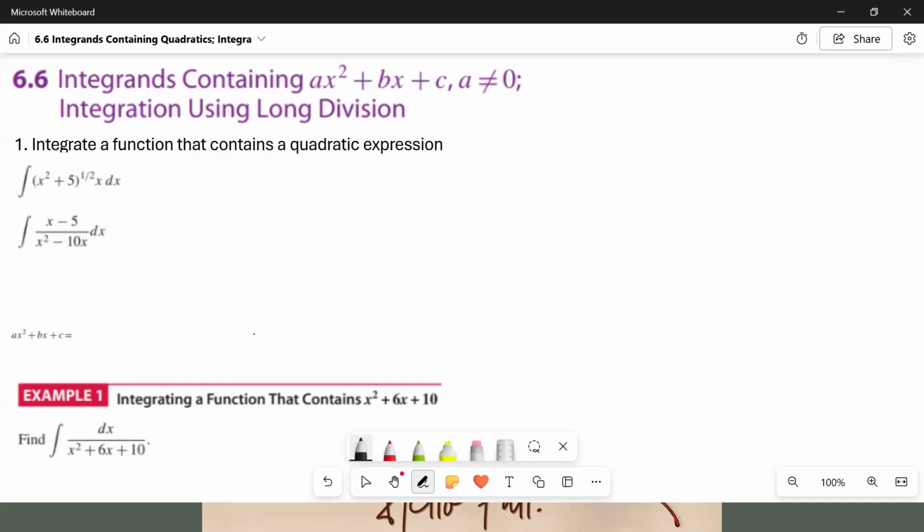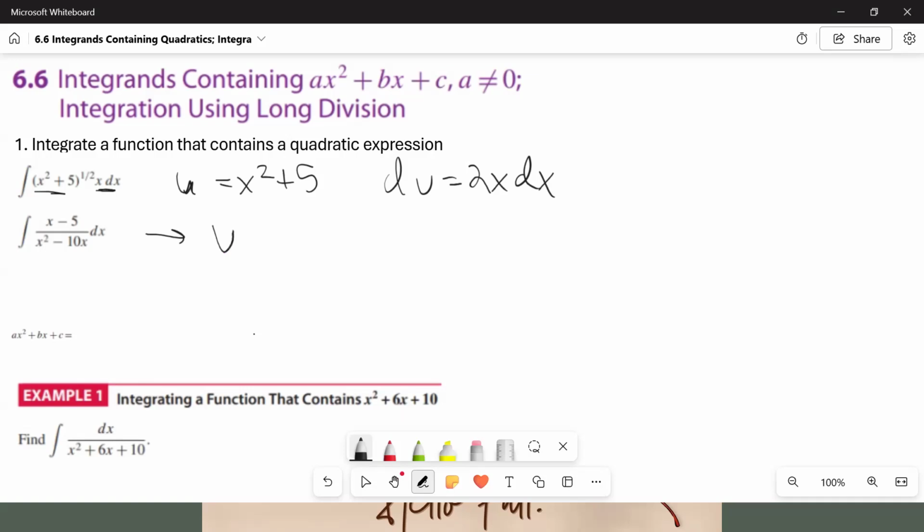So for example, if you look at the two on the screen, for the first one here, if you let u equal x squared plus 5, then du equals 2x dx, and you can adjust for the 2 and you would get your u substitution there. For this second one, I'm not going to work the whole way through it.